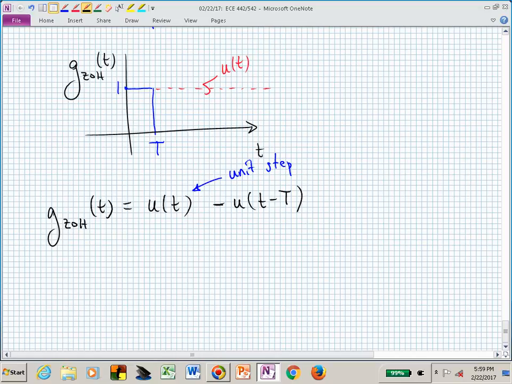So now we're trying to subtract a unit step. That's a value of 1, but we want it to start at time location capital T. The argument of U of t minus capital T becomes 0 right at capital T. So that one kicks on at little t minus capital T, and we're taking it away. Question?